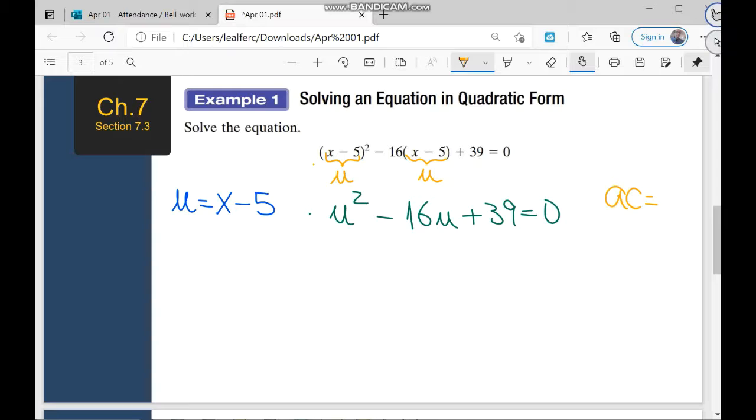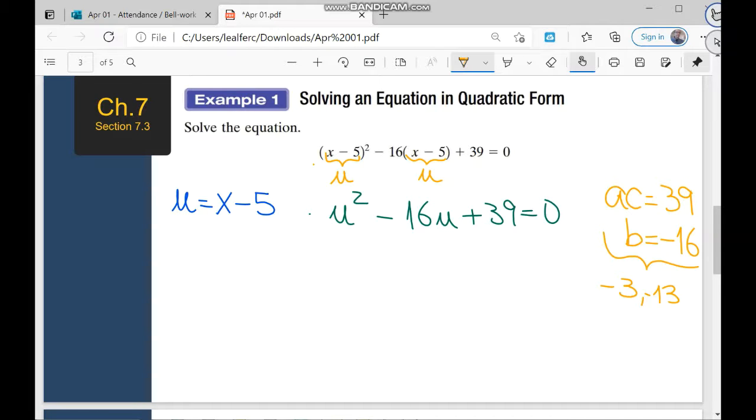A times C is 39, B equals -16, so we need to find two numbers that multiplied equal 39, and the sum of the numbers equals -16. It's going to be -3 and -13, right?